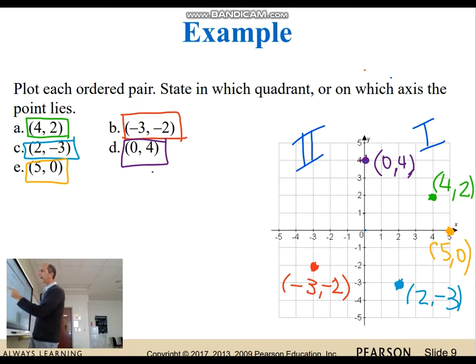The ordered pair x equals 0, y equals 4 is in the middle. And we have here this ordered pair -3 and -2 on quadrant 3. And these two ordered pairs here, x equals 5, y equals 0, and x equals 2, y equals -3 on quadrant 4.